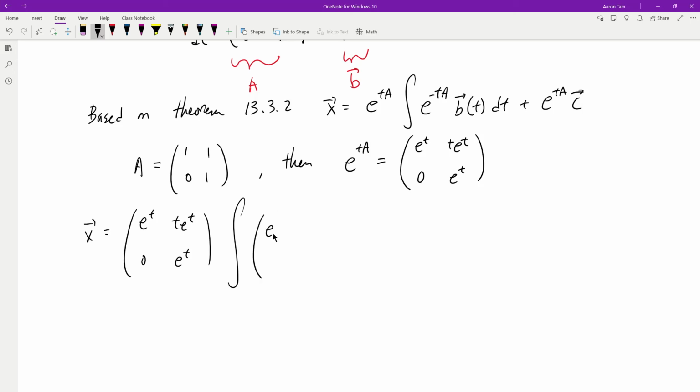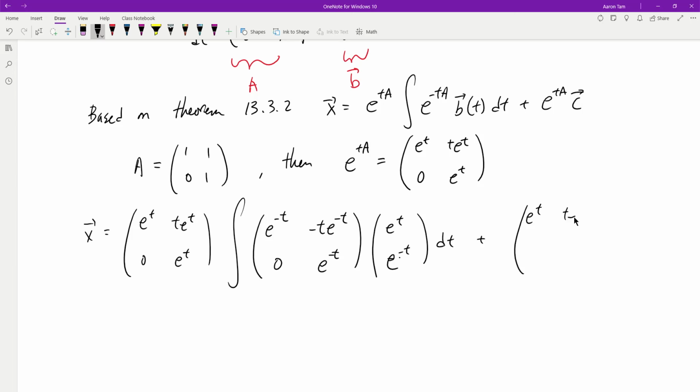So it will be [[e^(-t), -t e^(-t)], [0, e^(-t)]], multiplied by vector b, which is [e^t, e^(-t)], dt, plus e^(tA) multiplied by some constant function, which I'm going to call [c1, c2].